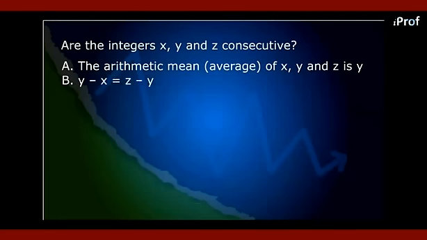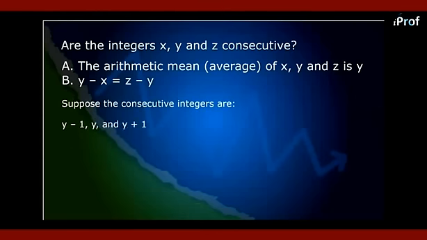Okay. Now, suppose the consecutive integers are y minus 1, y, and y plus 1. Then, the average of these three integers is equal to (y minus 1 plus y plus y plus 1) all divided by 3, which is equal to y.